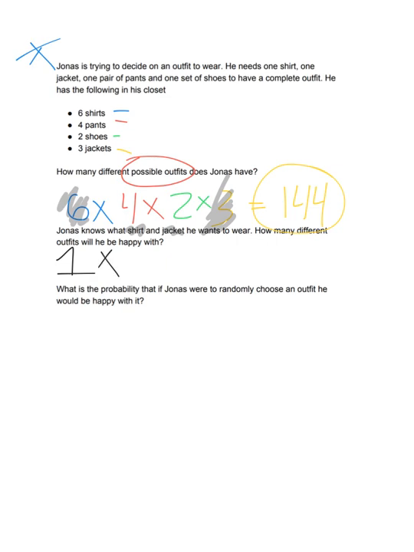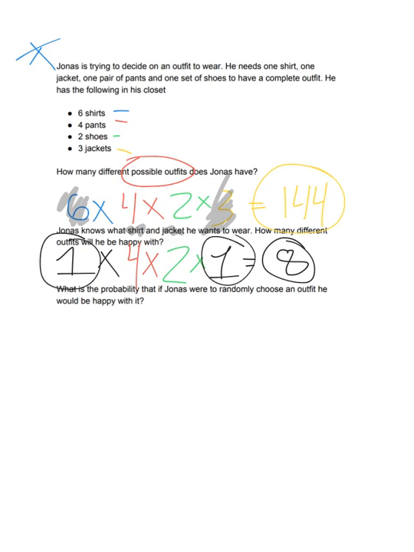He doesn't know what pants to wear, so it's still times 4 because he has 4 options. He doesn't know what shoes he wants to wear, times 2, 2 types of shoes. And last but not least, he knows what jacket he wants to wear. He has 1 option, that jacket. Similar idea, we multiply them all together, and that would give us 8. So he has 8 outfits he'd be happy with, because there are only 8 outfits that would include that shirt and that jacket.